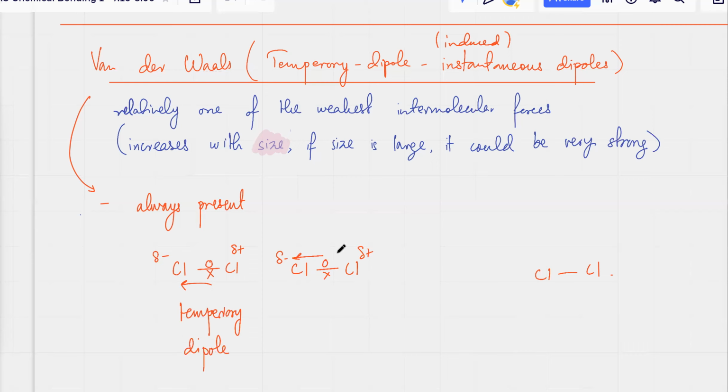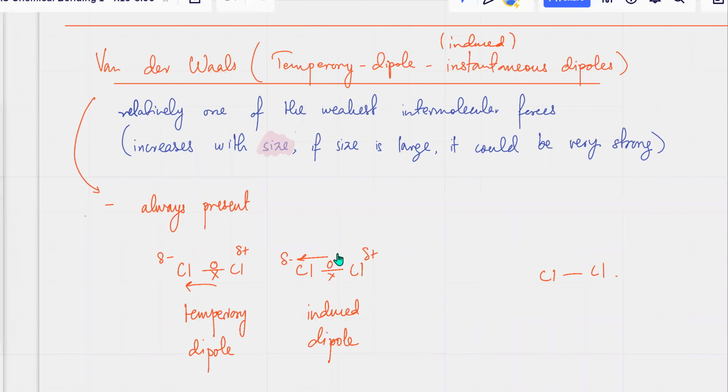So you're going to get a temporary dipole, and because of that temporary dipole, a dipole would be induced on the neighboring molecule as well. And if you bring the other one as well, let's say this Cl is now coming close to it and going to bump with it. The positive side over here will try and pull the electrons, and this side would become slightly negative and this side slightly positive. But this is all changing. The next second, this dipole would change.